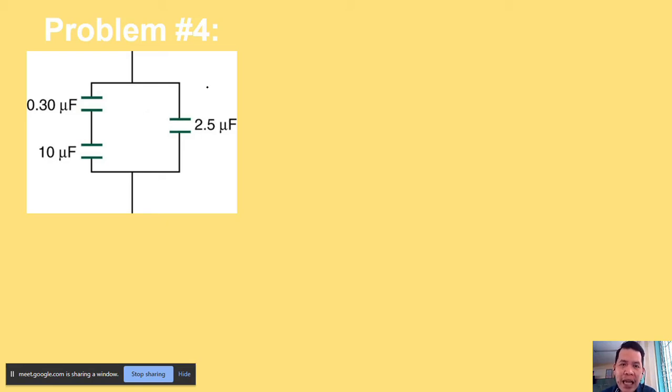So with that, let's just turn these two na capacitors into one capacitor, and that becomes this na diagram. Ito na kayo si 2.5 microfarad. And let's solve 0.30 microfarad and 10 microfarad. They are connected in series.